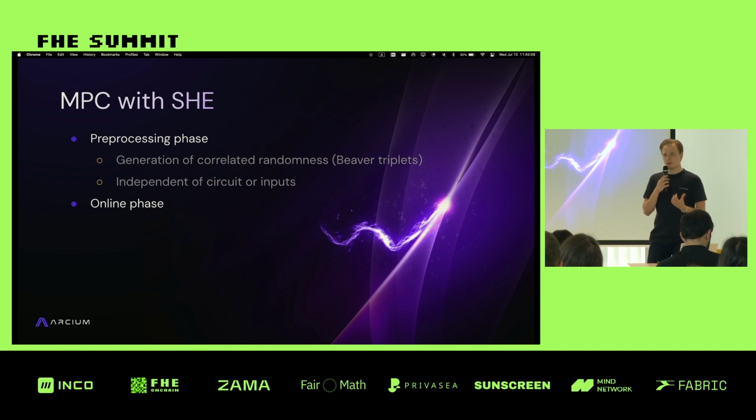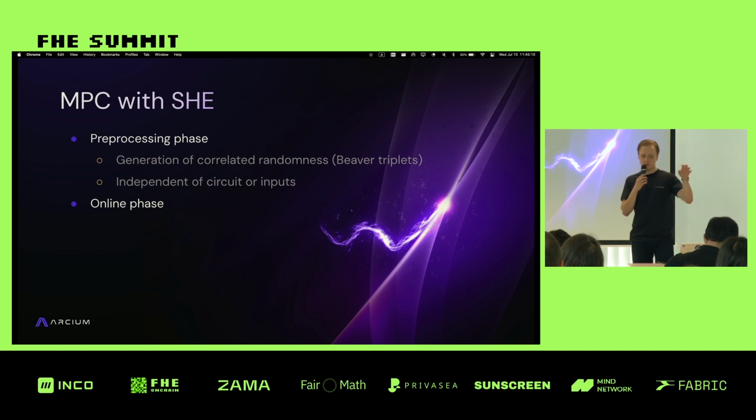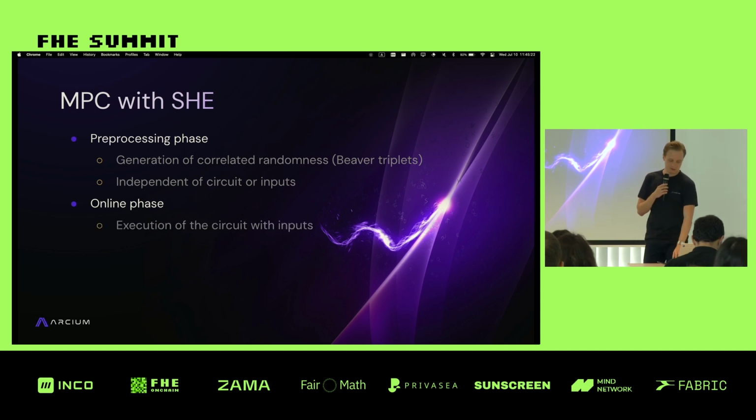The pre-processing phase is used to outsource workload from the so-called online phase into a phase that happens up front. And it's used to generate data that is consumed in the online phase, so-called Beaver triplets, which are correlated randomness, which we'll see in a second.